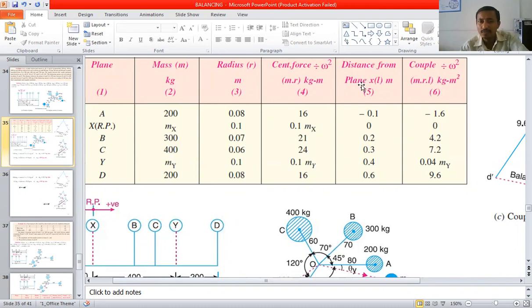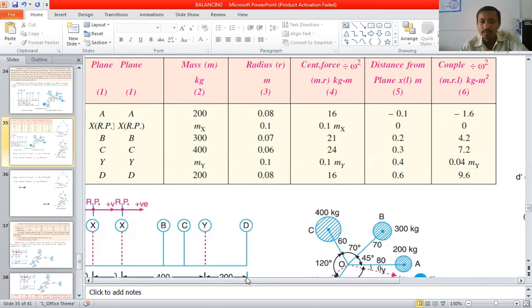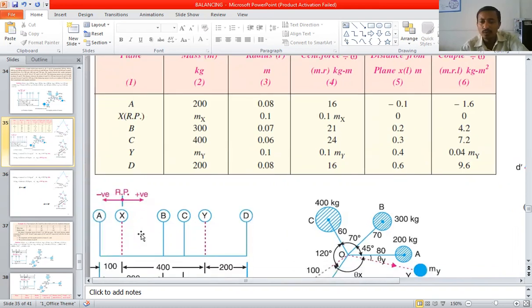Similarly, next is the distance from the reference plane, that is x. Which plane have we taken as the reference plane? That is plane x. So what is the distance of the other planes from plane x? The distance of plane A from the reference is 100 mm, means it is 0.1 meter. It is towards the left, therefore minus 0.1.